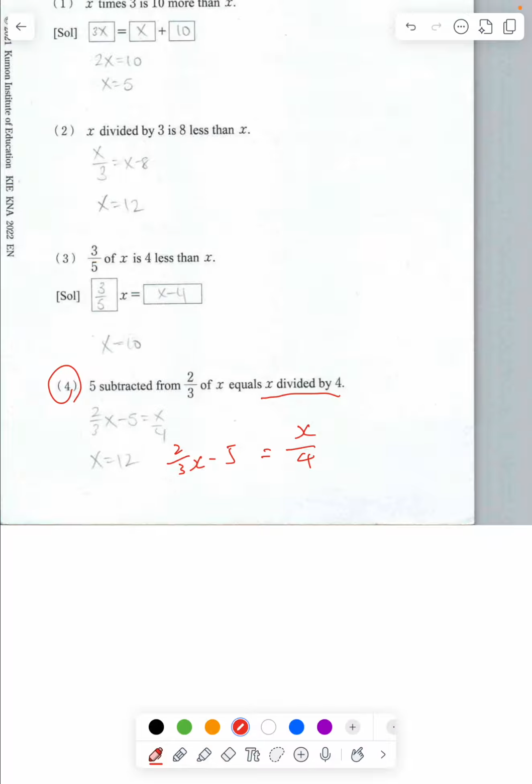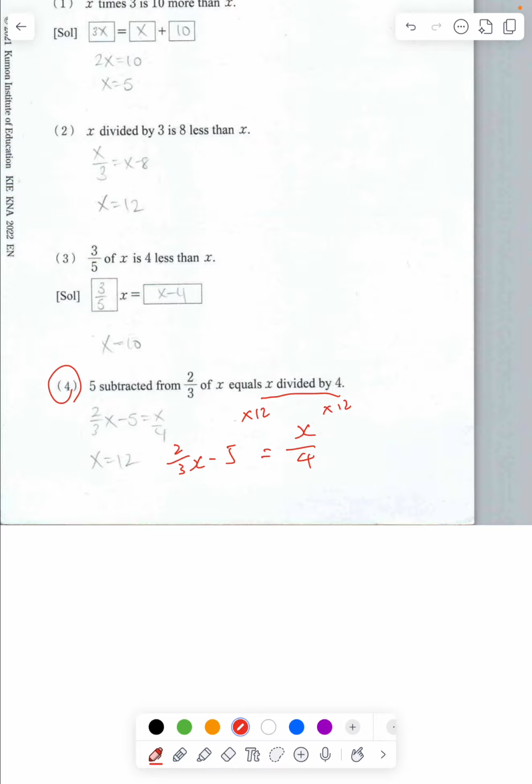Do you know how to solve this? What do we do? Remember, whenever we see fractions, especially numbers at the bottom, we want to multiply both sides by the LCM for that, right? So what's the LCM for 3 and 4? So we're going to multiply both by 12.